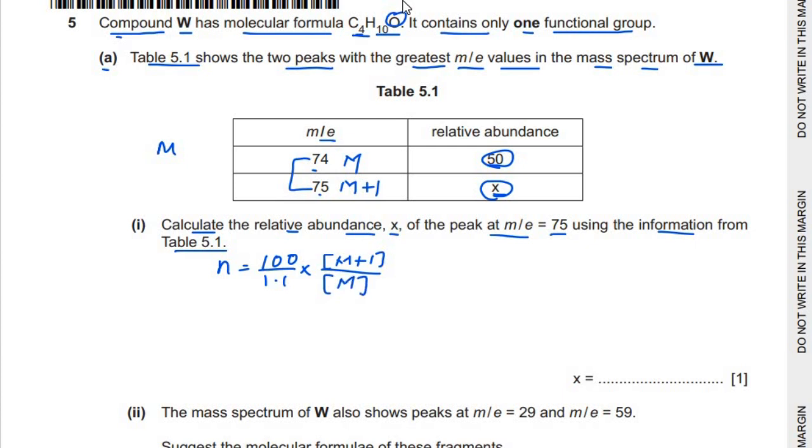So if we substitute these, we can write 100 upon 1.1 into the abundance of M plus 1, which is x, upon the abundance of M, that is 50, and we know that the number of carbon atoms is 4, so it is equal to 4. Now if we calculate the value of x, we get 2.2. So yes, the value of x can be written here as 2.2.